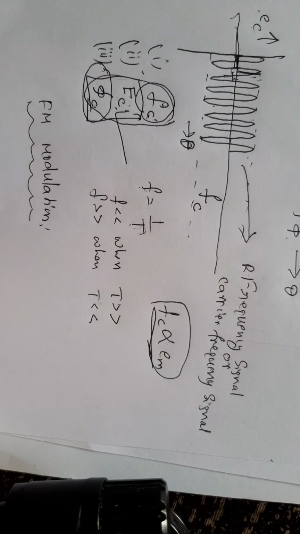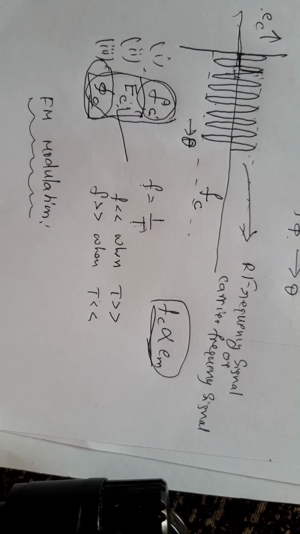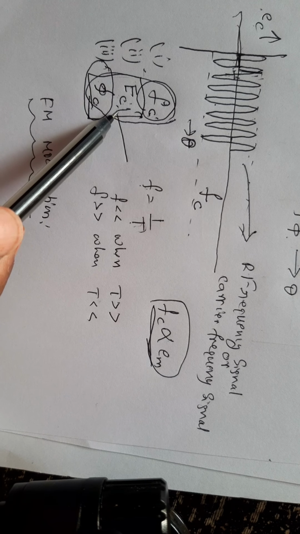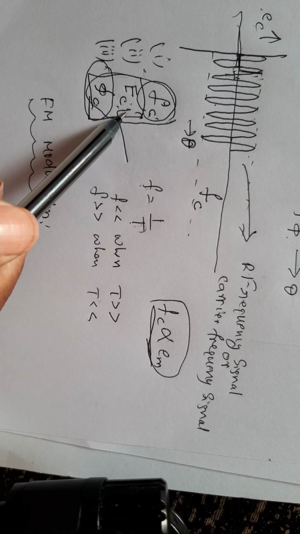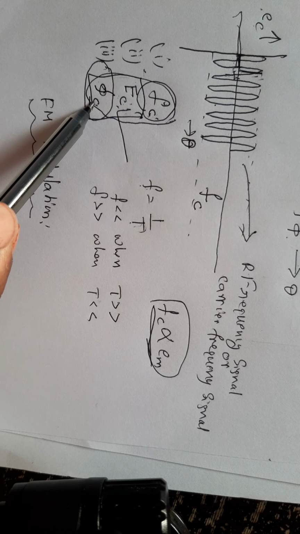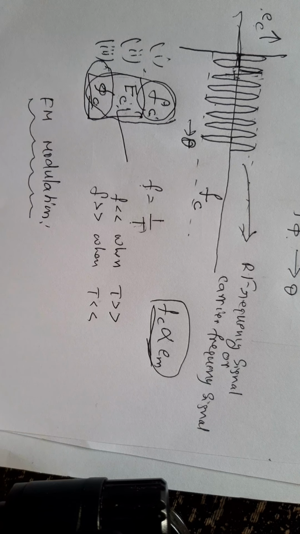That is amplitude modulation. Of course, if FC and EC, both frequency and amplitude of the carrier signal, are kept constant, and only the angle of the carrier signal is varied in accordance with the modulating signal, this is called phase modulation.